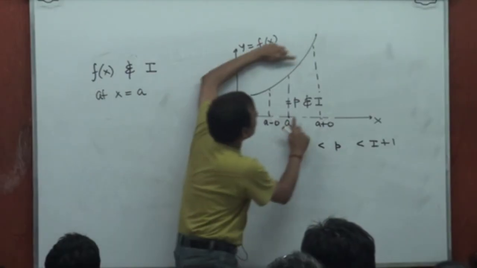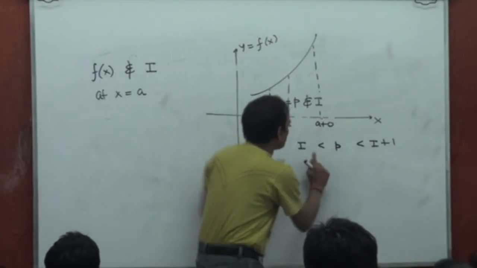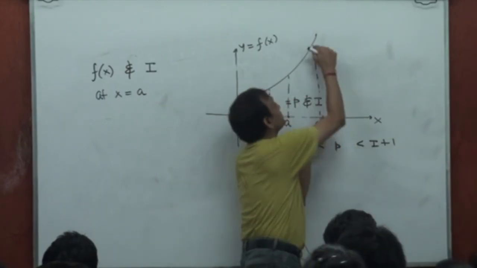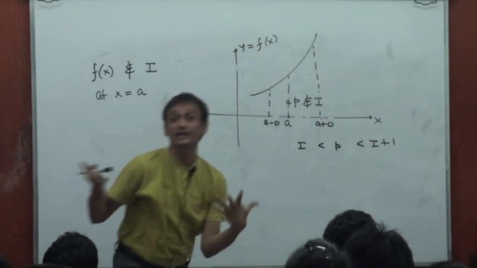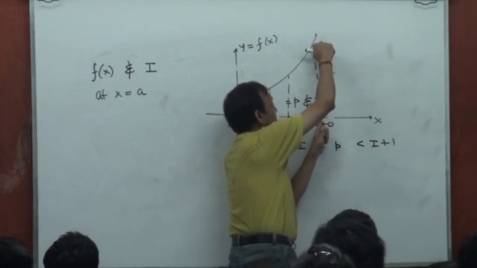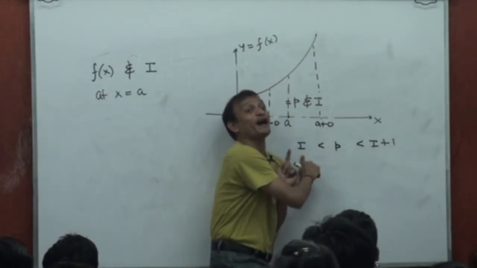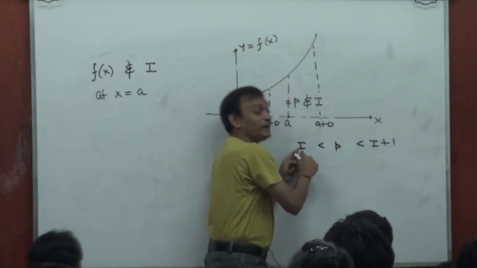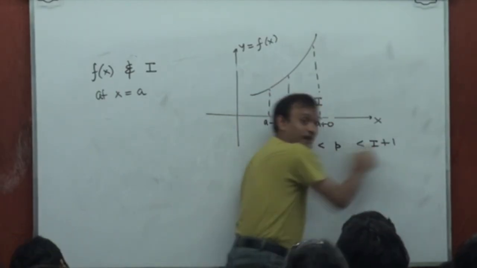That means slightly greater than p or slightly less than p will also lie between I and I plus 1. Yes or no? So then, if I take the box of this or the box of this, it will still be I, because slightly greater than p or slightly less than p will still be sandwiched between I and I plus 1.